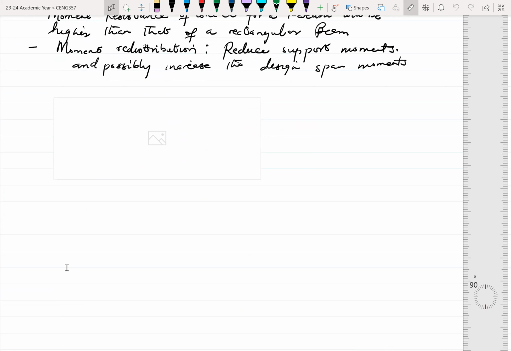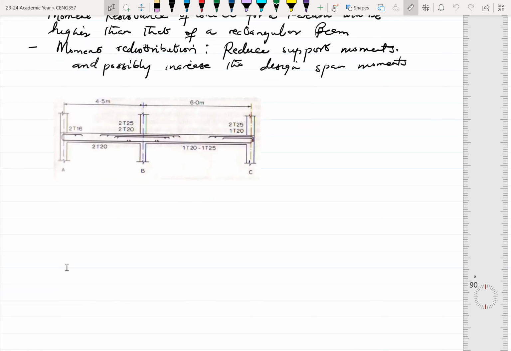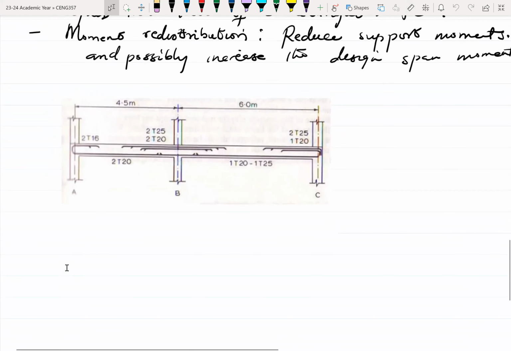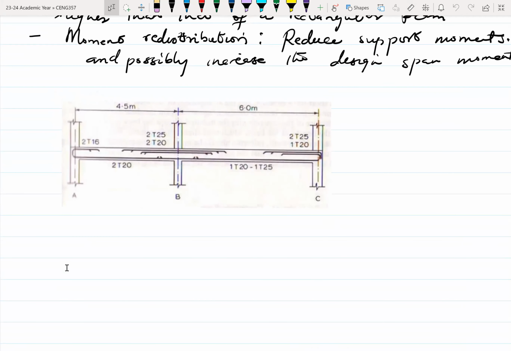So this is a typical rebar arrangement for a continuous beam. Again, red means compression, green means tension. So here in the spans we can see the tension rebar for the spans, and this is T220.